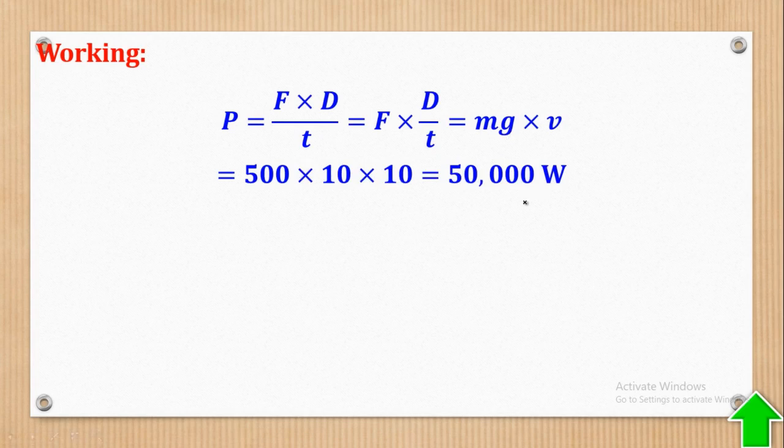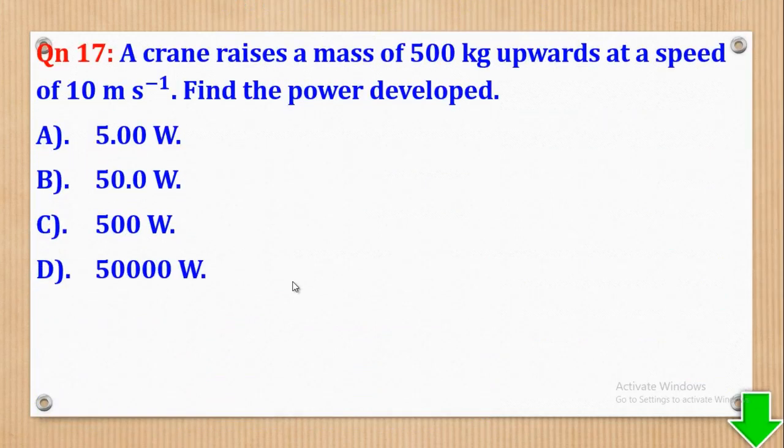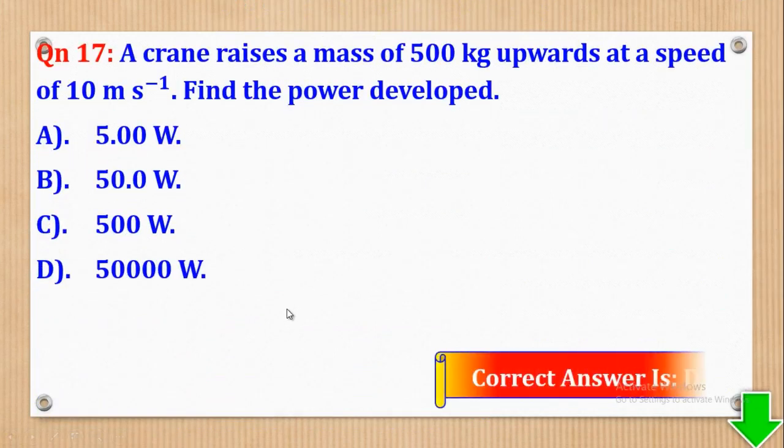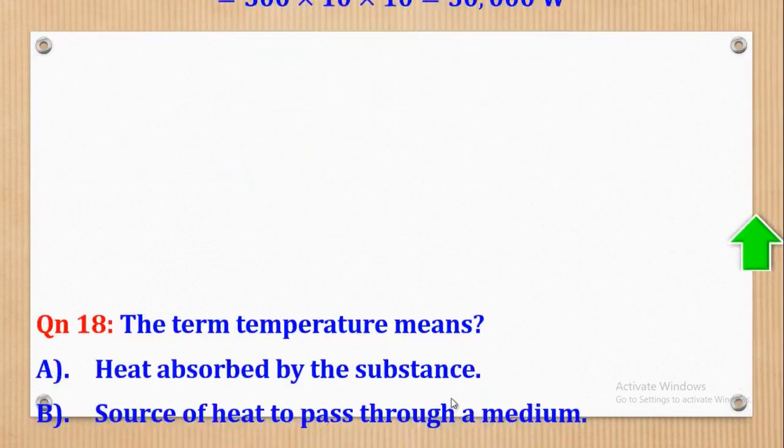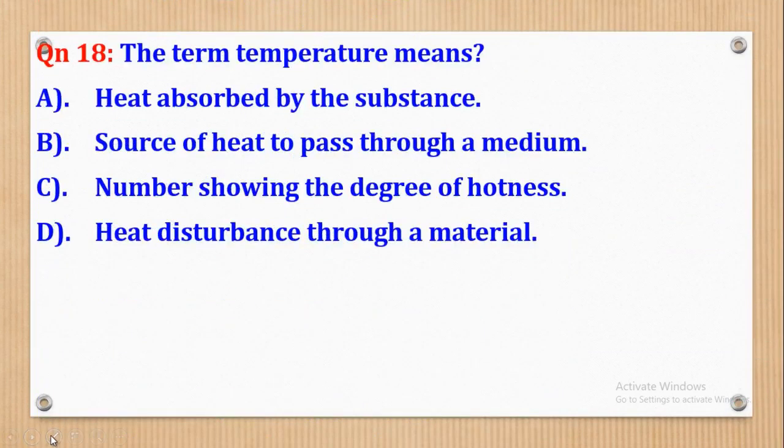So I'll look for the option which has 50,000 watts. Therefore, the correct answer is D. So that was question 17. Now we shall go to question 18.